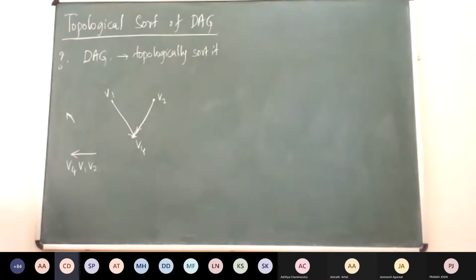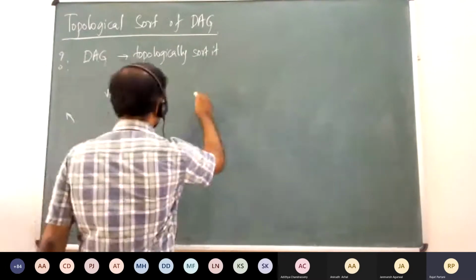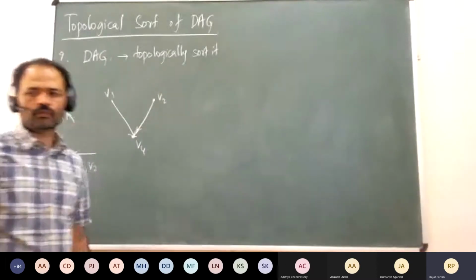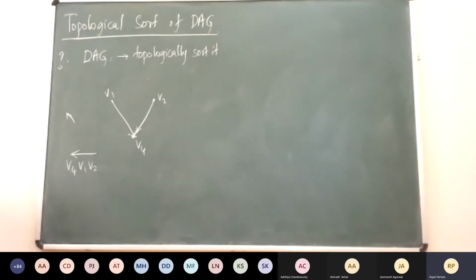Yes, sir. We can keep a count of in neighbors of a vertex and keep reducing it as we explore. The vertex which we are putting in the list should have its in neighbors count at 0. Like, all its in neighbors should already be in the list.